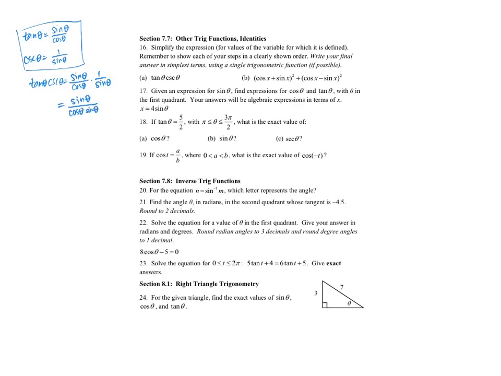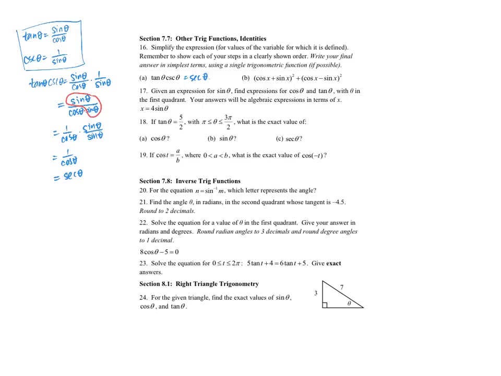Then I notice that since there's multiplication going on down here, it's essentially multiplying by sine theta over sine theta. So that's going to be 1 over cosine theta times sine theta over sine theta. And this is 1. So that's equal to 1 over cosine theta, and 1 over cosine theta is secant theta. So this is secant.